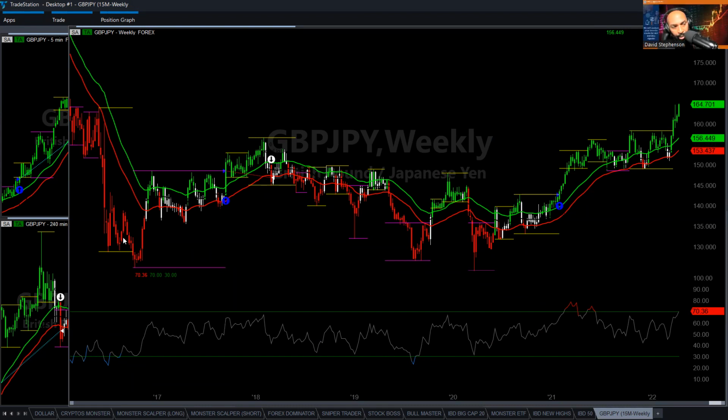See, the price came all the way down, oversold, overbought here. The reason why we don't use this indicator is because sometimes it works great, but a lot of times it doesn't work as great, because just because the price is overbought doesn't mean it can't go higher, right? And this is a good example.